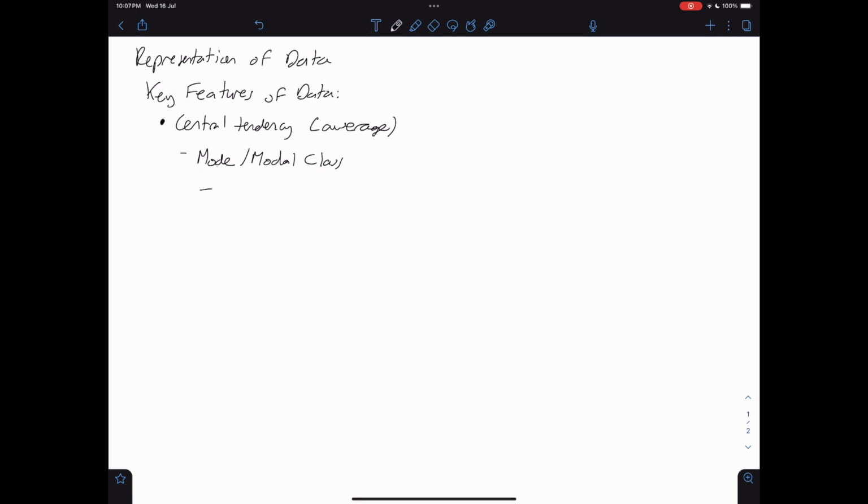The mode is the most frequently occurring value or result.